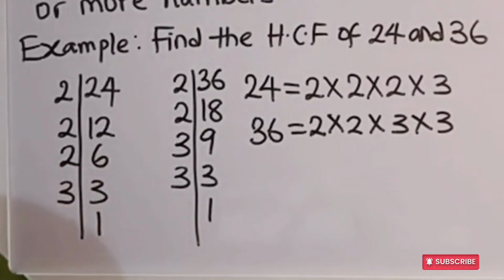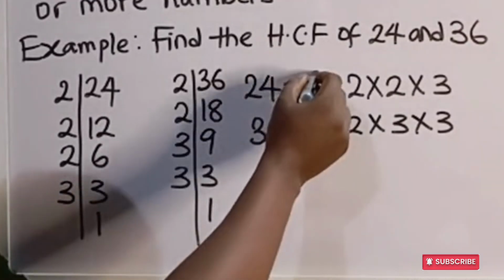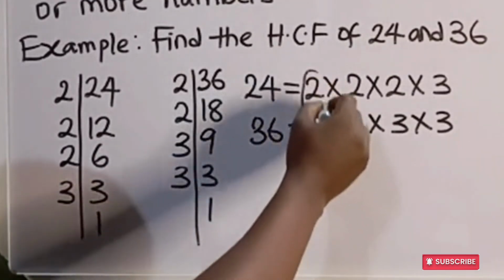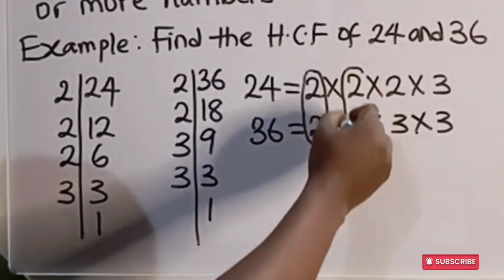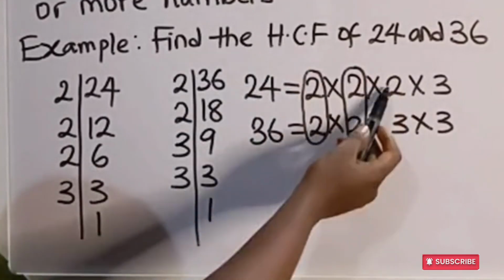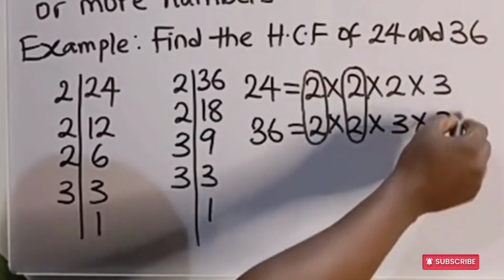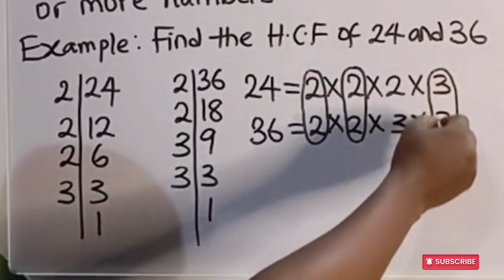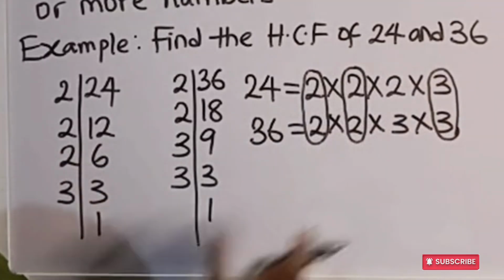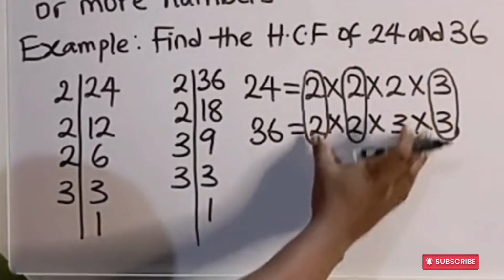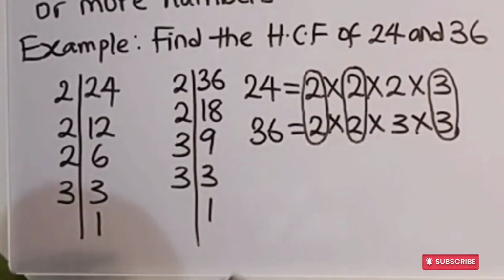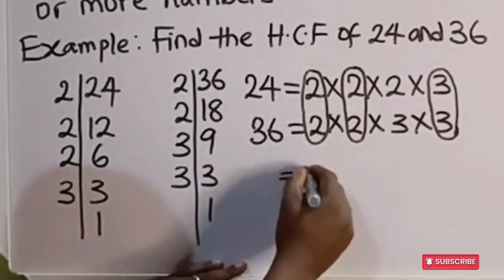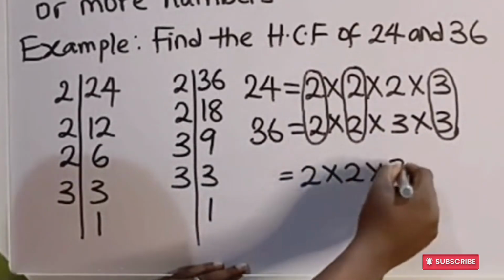So now you circle the numbers that are common. 2 and 3 are not common, but 3 and 3 are common, so we'll circle it. Okay. So these numbers that we put in a circle, we bring them together. 2 times 2 times 3.